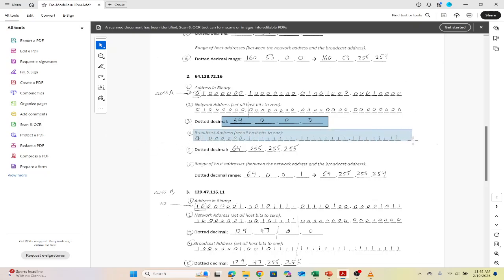The broadcast address would be the same thing, except all the hosts would be 1s. So this would be the broadcast address. Then the range of hosts available to use is the network address plus 1 through the broadcast address minus 1. So this would be the range of usable hosts within that network address.